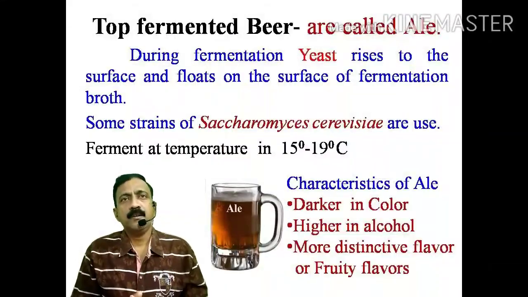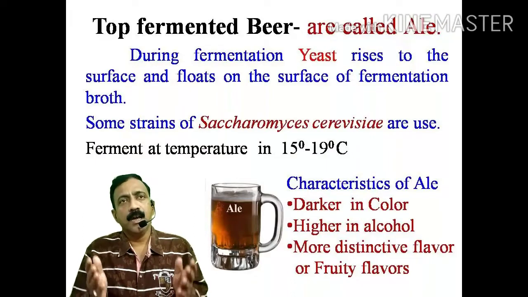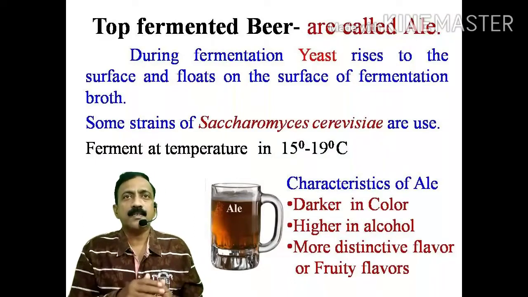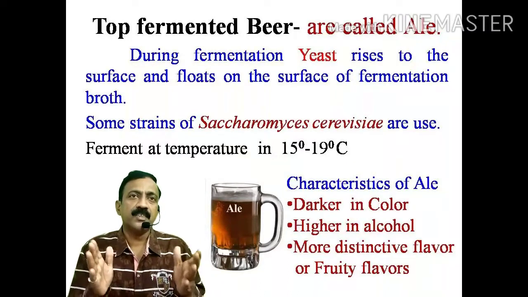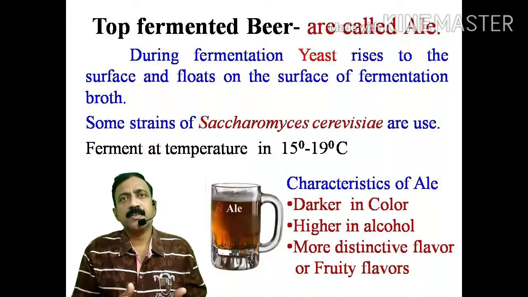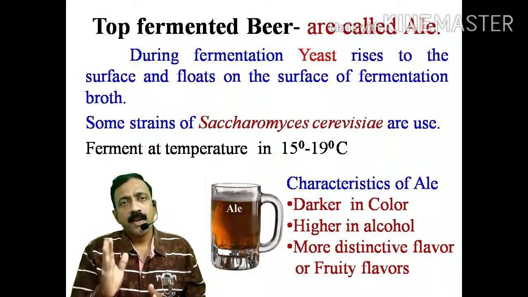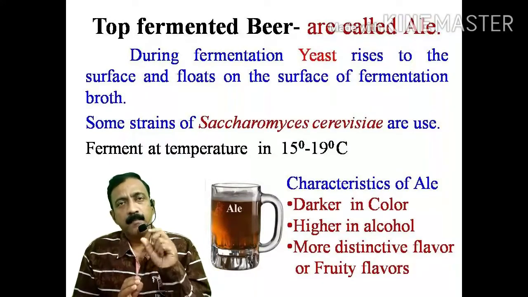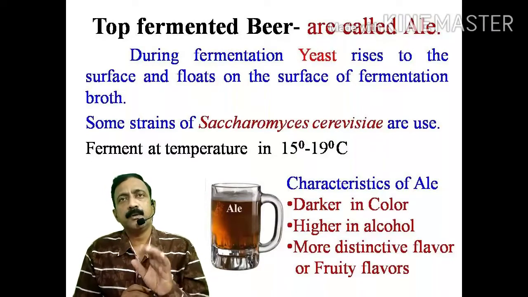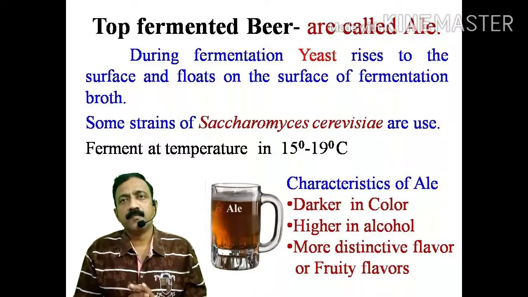In the top fermented beer, the yeast grow on the surface and float on the surface of the fermentation broth or fermentation tank. Some strains of Saccharomyces cerevisiae are used for the top fermented beer, and a fermentation temperature of 15 to 19 degrees is sufficient.